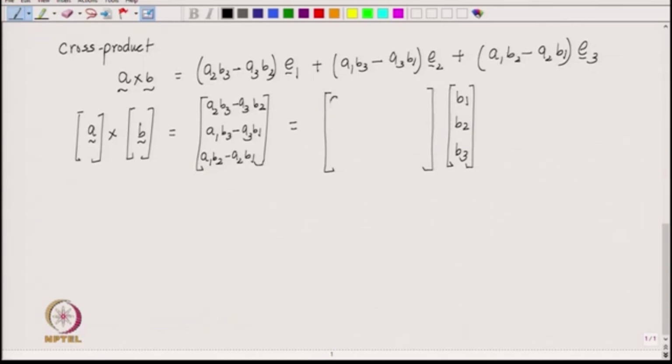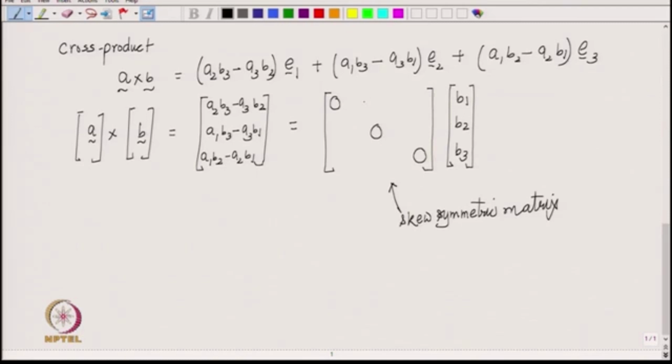It is a very special matrix which has 0 on the diagonal, and the off diagonal components are negative of each other. So, this is basically a skew symmetric matrix.